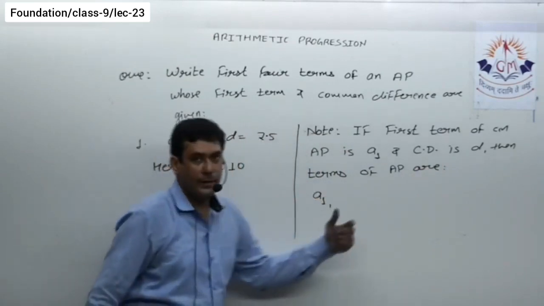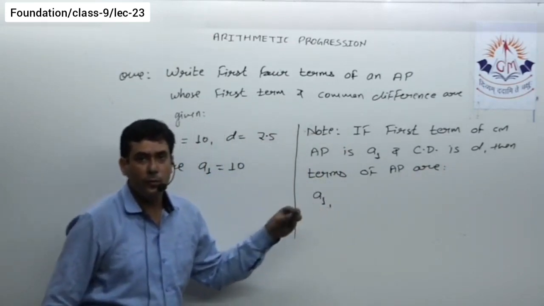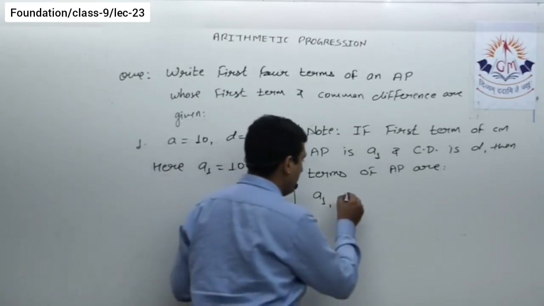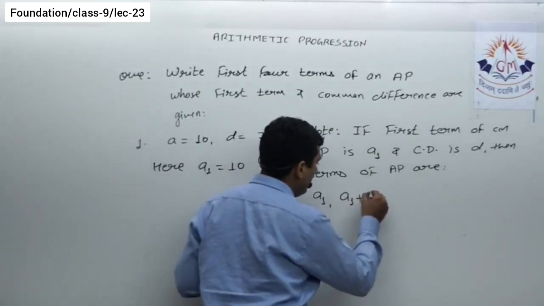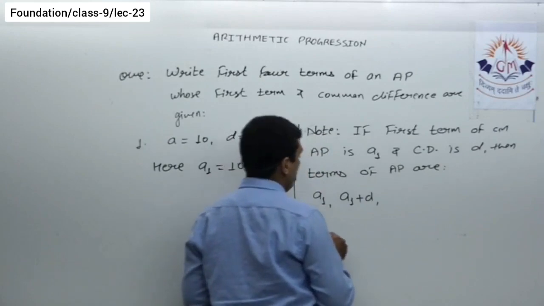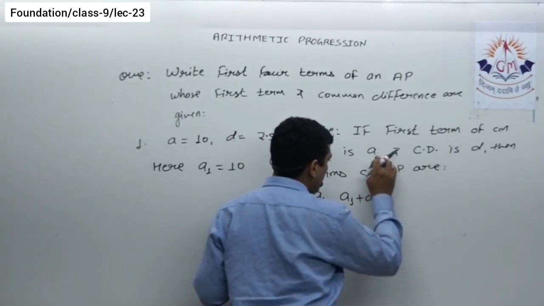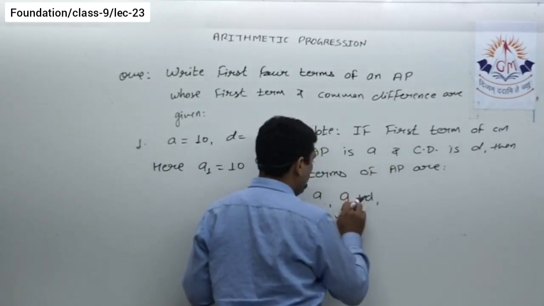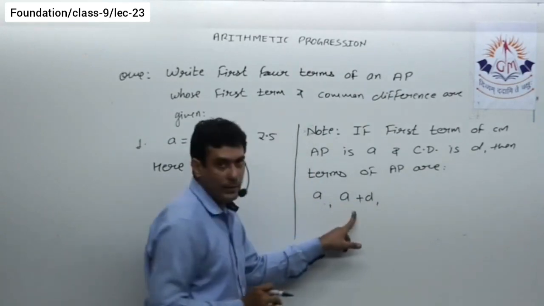Now for the second term, you have to add the common difference. So the second term will be a1 plus d. Or make it this way, then this will make it easier for you. A, second term is a plus d.